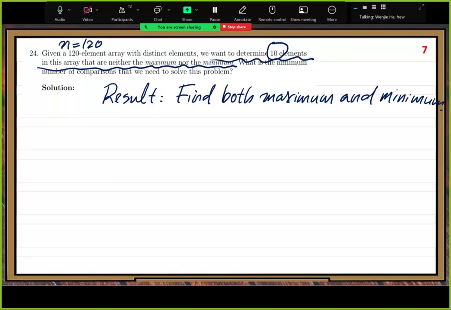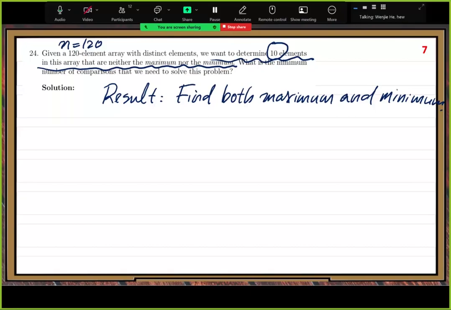So we want to do only the necessary comparisons, not more than necessary. Because our goal is we only need to find 10 elements, not the maximum and the minimum.